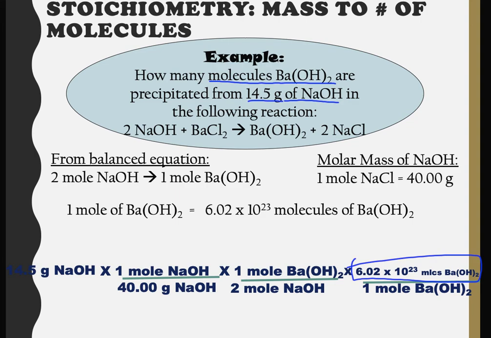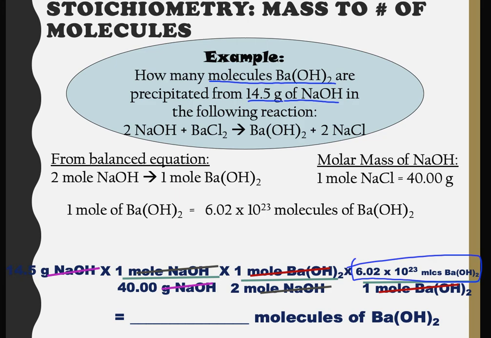And so to do the math, it's 14.5 divided by 40 divided by 2 times 6.02 times 10 to the 23rd. And I get an answer of 1.09 times 10 to the 23rd molecules of barium hydroxide.